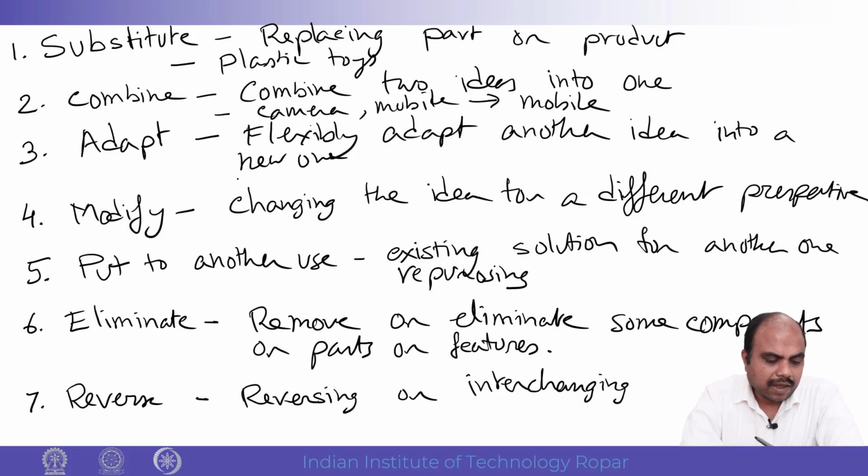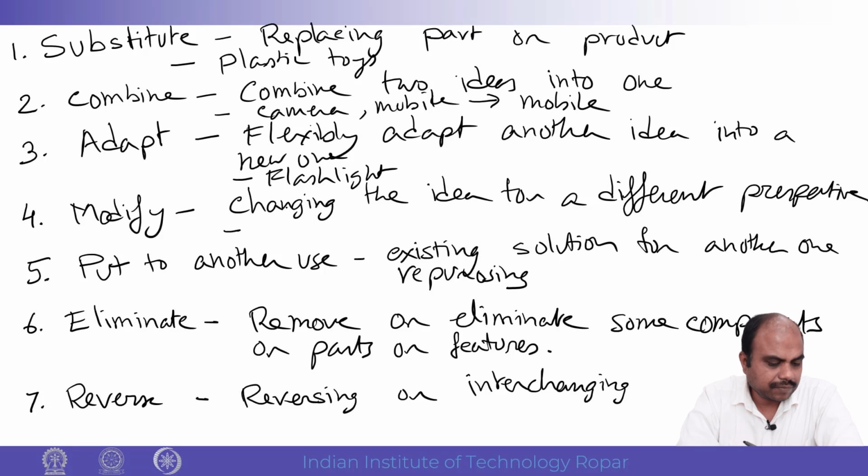Adapt. Adapt means, once camera is there, mobile is there, then people start feeling that we should also enable them to take photos in the night. So we need a flashlight. So this is being added to a mobile. So we are adapting it.